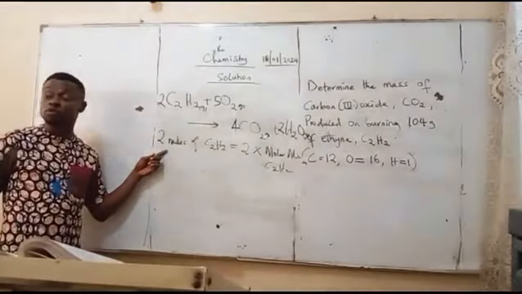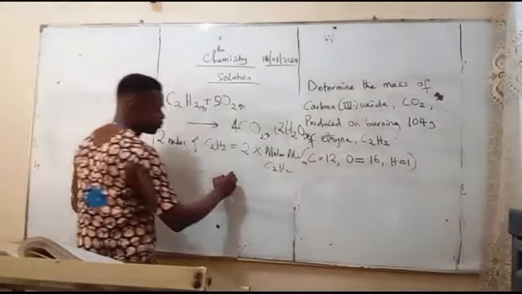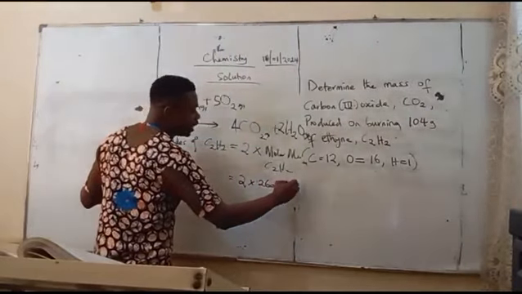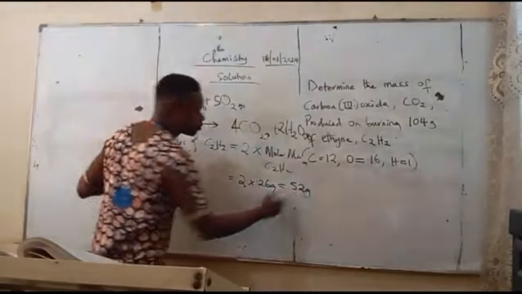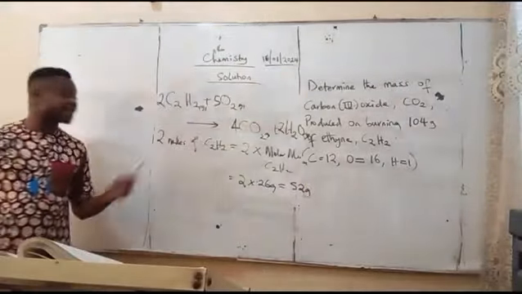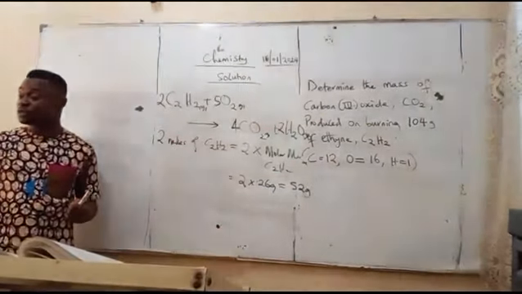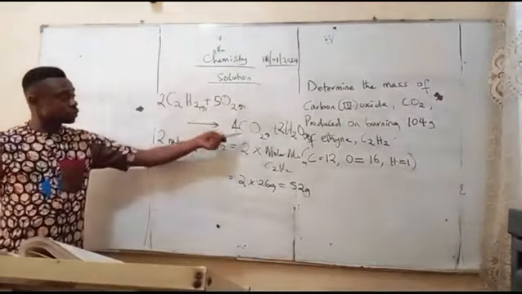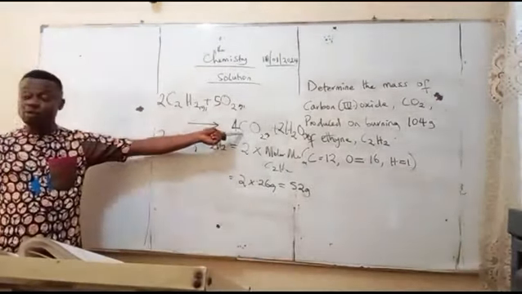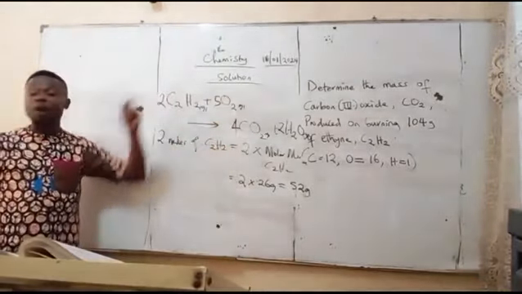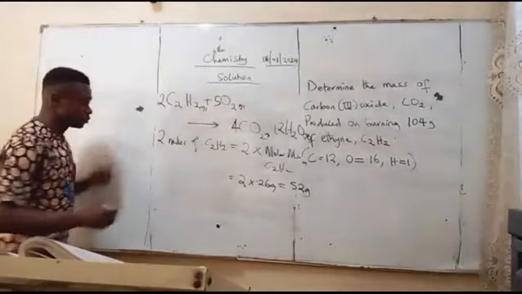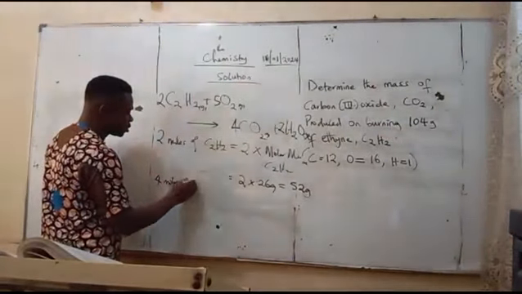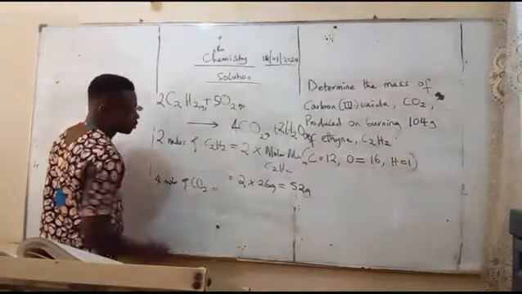The mass of 2 moles of ethyne is simply what? 52. 2 times what? 26 grams. Please, if you're not following, let me know, please. So 2 moles of ethyne weighs what? 52 grams. Okay? Let's do the same thing for CO2. CO2 is how many moles now? 4. So 1 mole of CO2 weighs what? So 4 moles of CO2 weighs what?